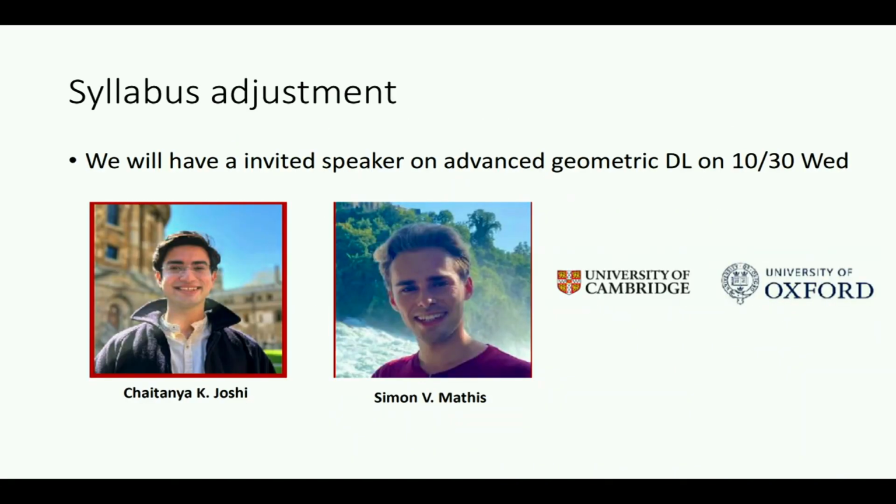All right, some quick announcements. We'll make a small syllabus change to the geometric deep learning module. Basically, we move one thing later in the semester, inverse folding, to be immediately after the graph neural networks, and then the two geometric deep learning lectures will slide backward by one lecture. The reason is we want to have invited speakers on geometric deep learning.